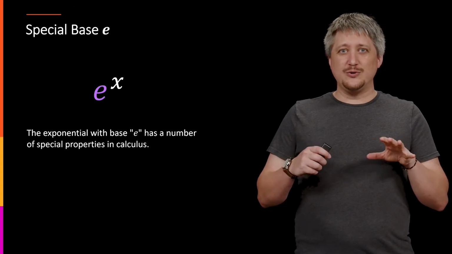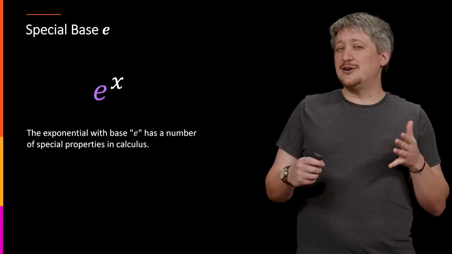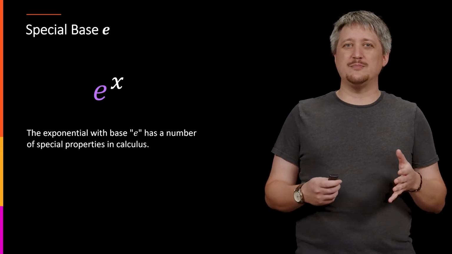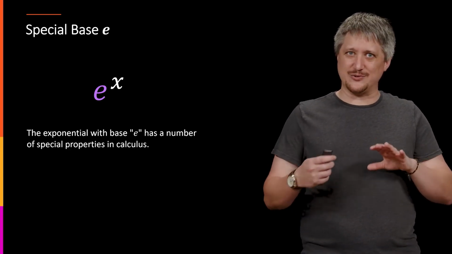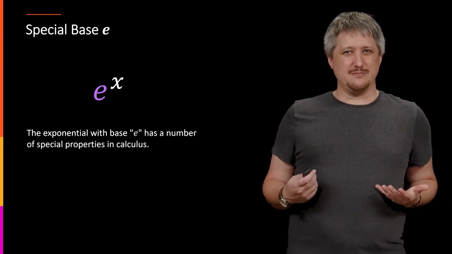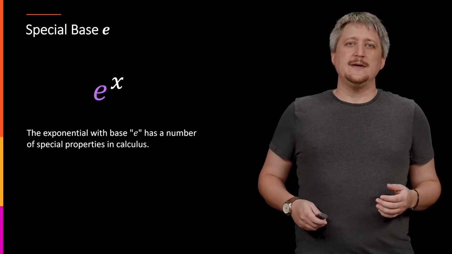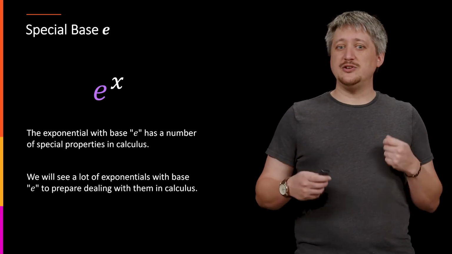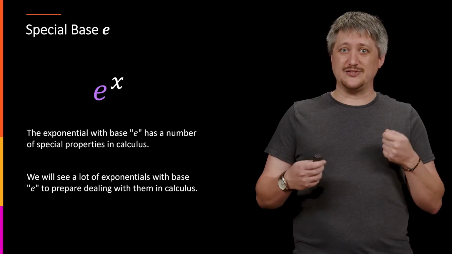Although it's a weird number in some sense to start with, it turns out it's a lot more natural than you might think, but we'll get there later in this section. Nonetheless, it might seem like a weird number to choose, but because it's so important in calculus, we're going to be doing a lot of stuff with e to the x.